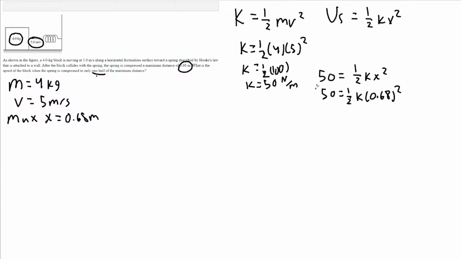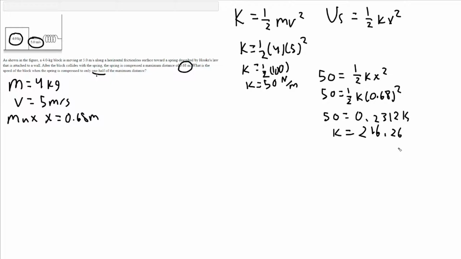That's the maximum distance the spring can be compressed. I've got to do this with my calculator real quick. 0.68 squared times 0.5, 1/2, is equal to 0.2312k. So I'm going to divide 50 by this, and we're going to get 216.26. That's the number I'm going to use.